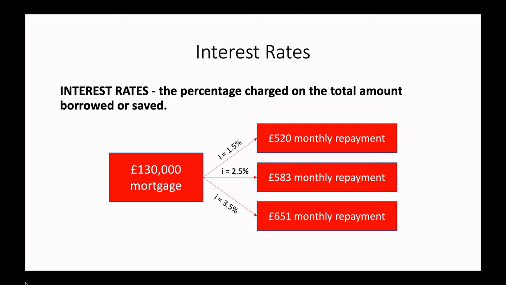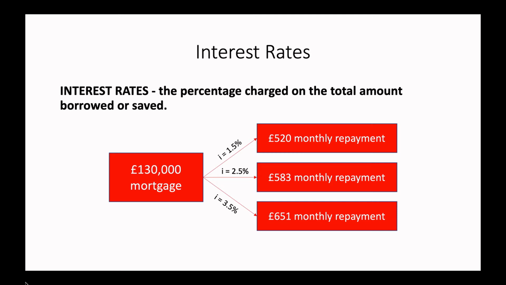Let's take this example from the Bank of England. Imagine you have a £130,000 mortgage that you want to pay off over 25 years. If the interest rate on this mortgage is 2.5%, then your monthly repayments will be £583. Let's see what happens to that monthly repayment as interest rates go up and down.